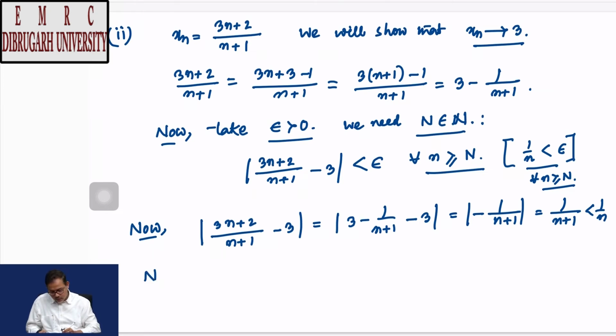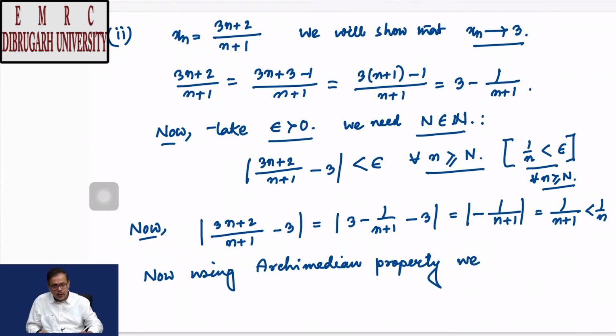Now using the Archimedean property, we get a capital N in the set of natural numbers.